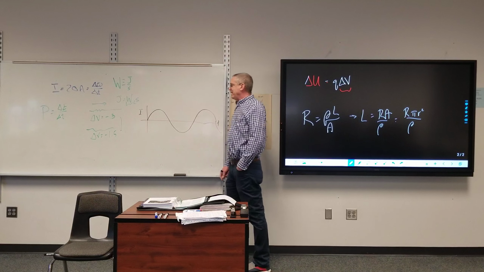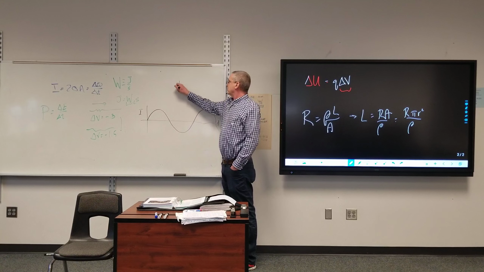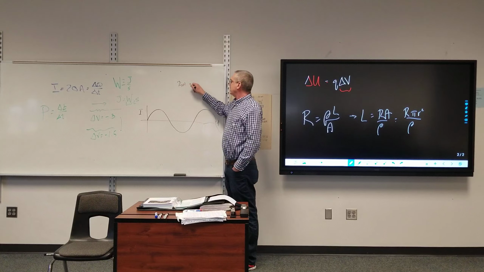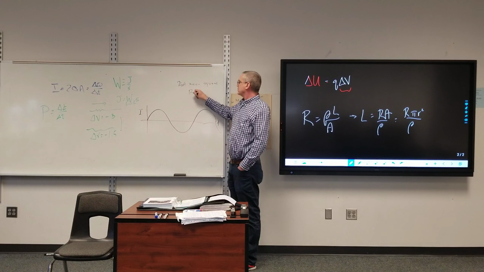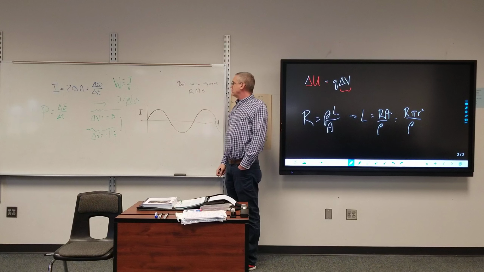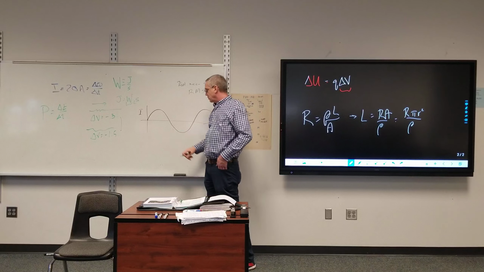So in order to figure out the average value, they use what's called a root mean square, or RMS. You sort of do it in reverse order.